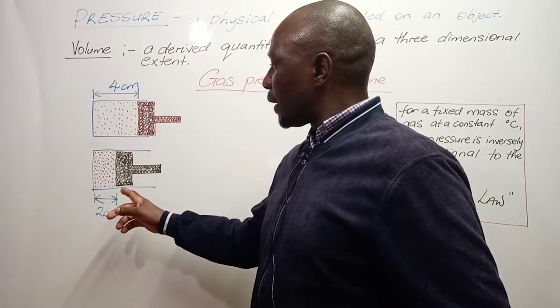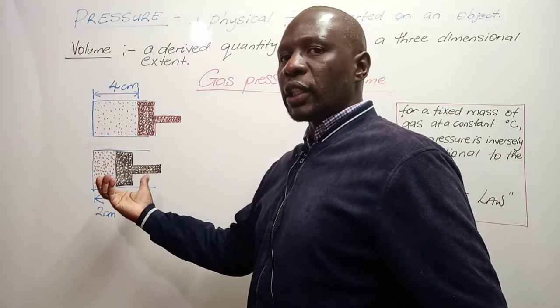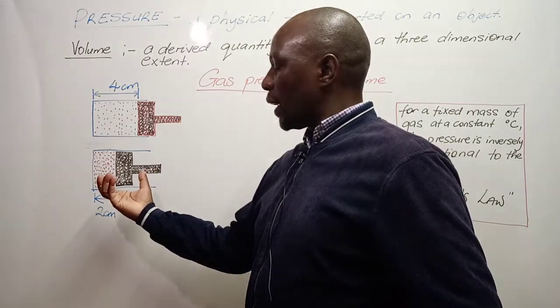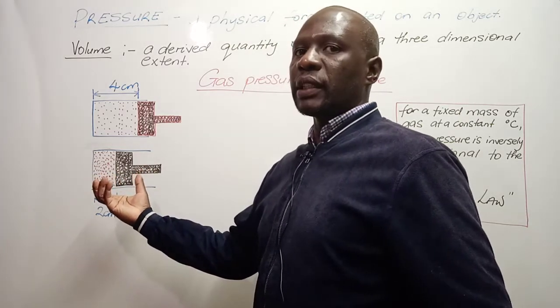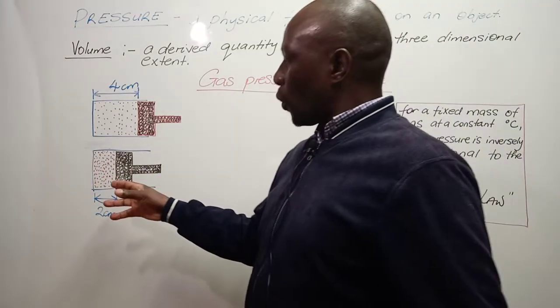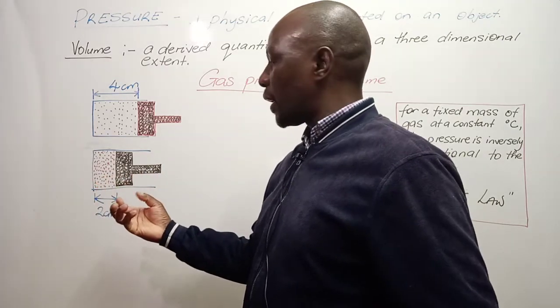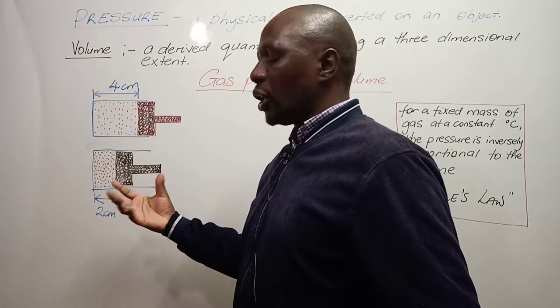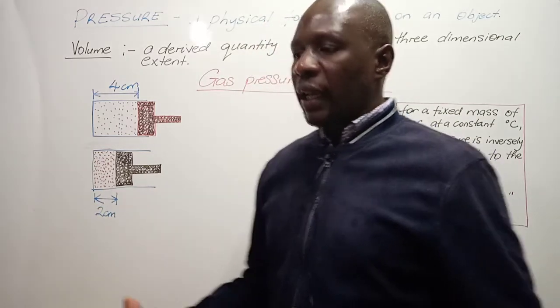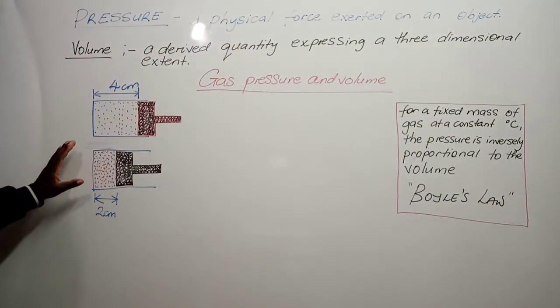We can see now that the particles are more concentrated in a tiny space than the first one. So obviously in the second diagram, there is higher pressure in the container. Let's look at the reasons why.